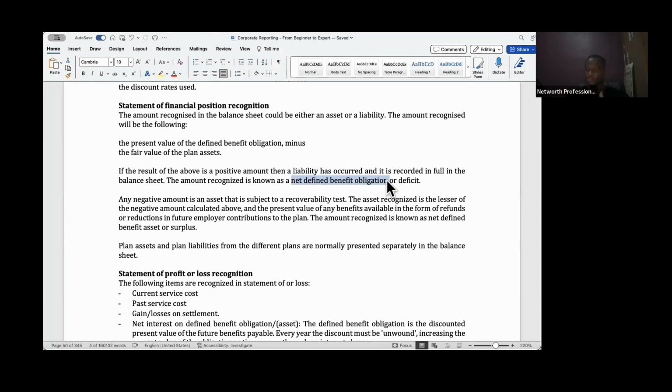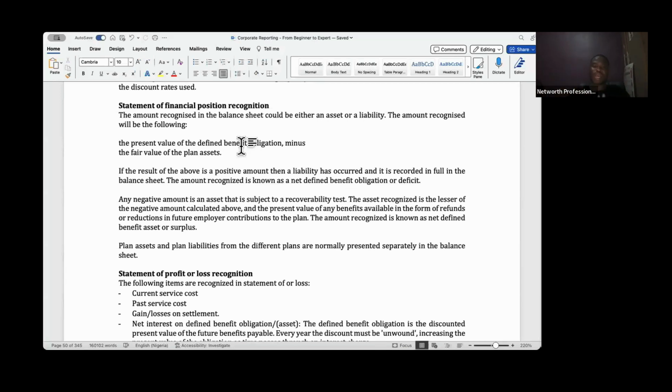However, if your plan asset happens to be higher than the obligation, it goes to show that you have sufficient contributions, you have sufficient money to take care of your obligation. That's what it shows.